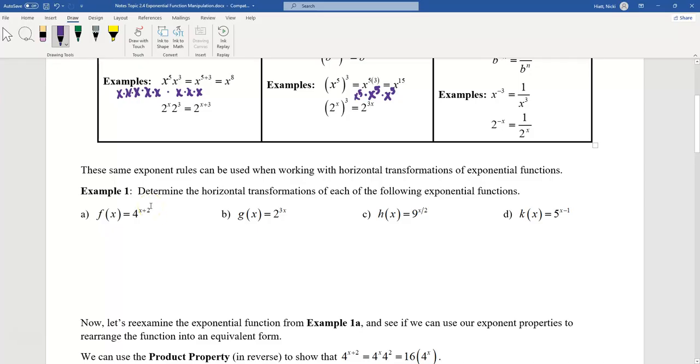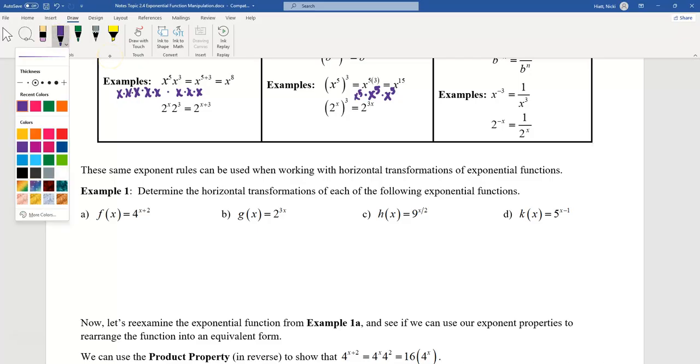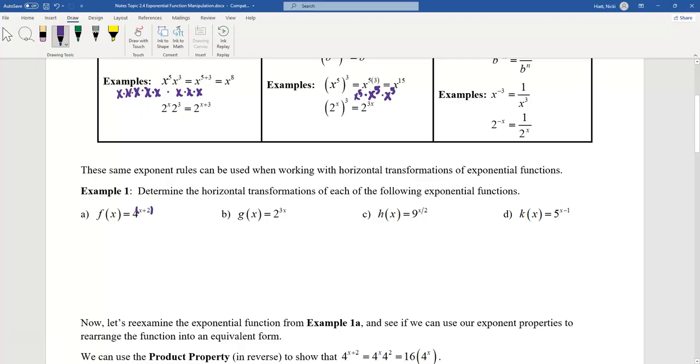Because in an exponential, there are not parentheses, but whatever is in your exponent, you can think about it as having parentheses around it, right? So let's call it y equals 4 to the x shifted left 2. Okay?